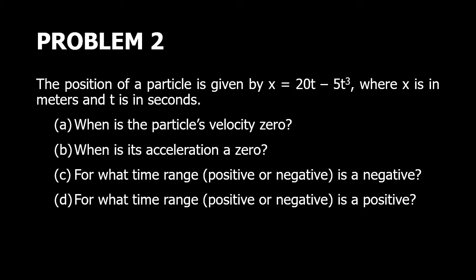Our unknown here is time. Letter B, when is the acceleration 0? This is also time, where acceleration is 0 while in A, velocity is 0. For C and D, for what time range is the acceleration positive or negative? So let's solve that problem.